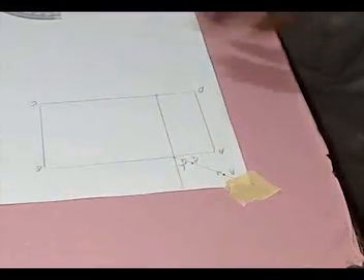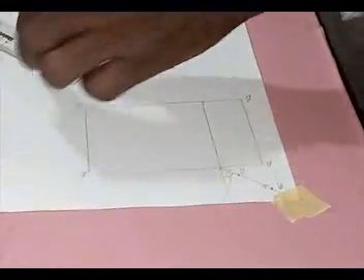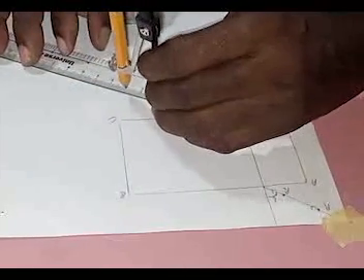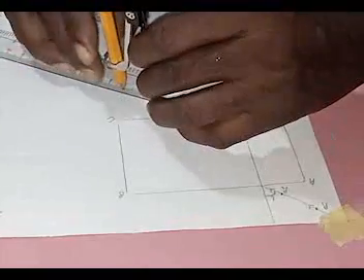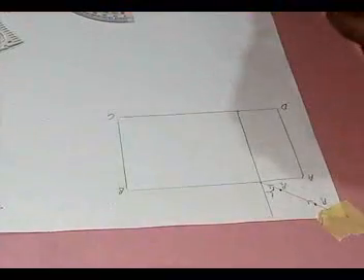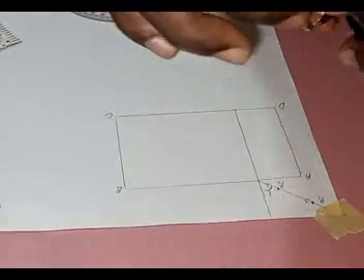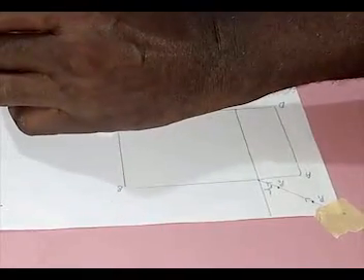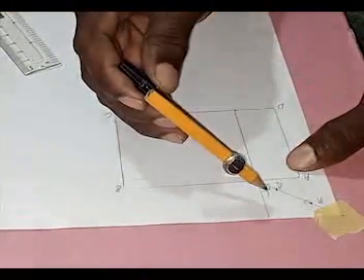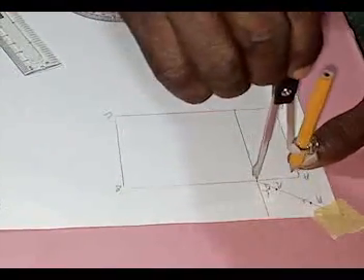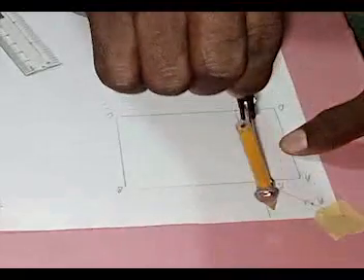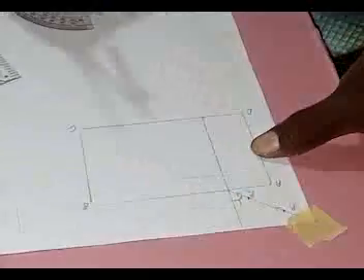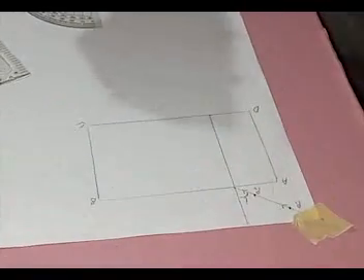Now, use your compass to draw a circle of radius 2 cm. You continue to measure it because this is a circle of radius 2 cm.